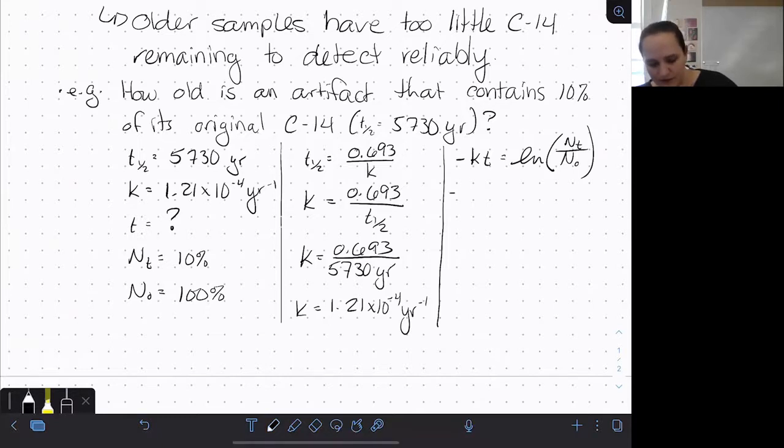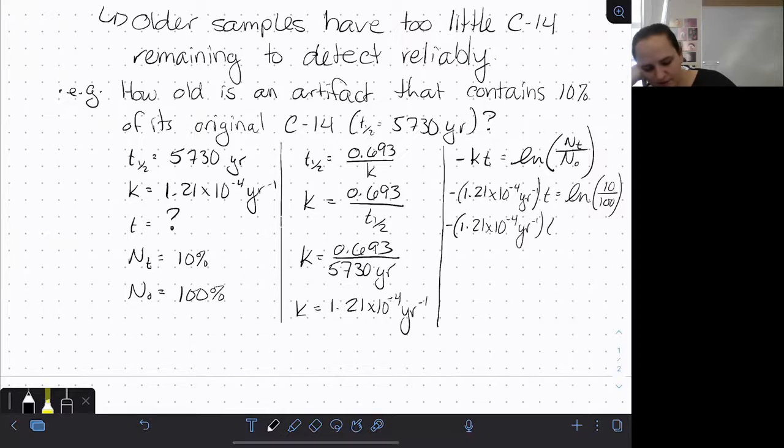If we plug in everything that we know, K is 1.21 times 10 to the minus fourth, t is what we're solving for, and then we have the natural log of 10 over 100. If we put that log expression into a calculator, you will find that it is equal to negative 2.303-ish.